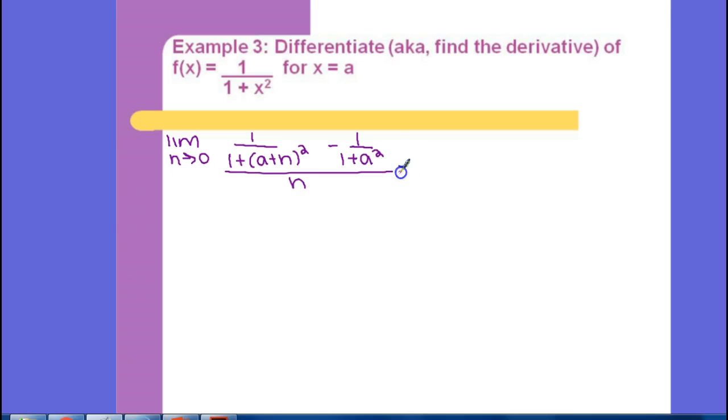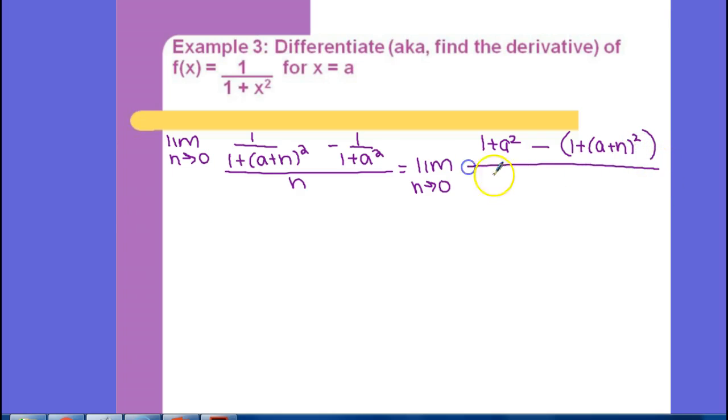So what that means is I would turn this to the limit as h approaches 0 of 1 plus a squared minus 1 plus a plus h squared, all over h times 1 plus a squared times 1 plus a plus h squared. Be really cautious, really watch your parentheses, and really pay attention to how you write it.